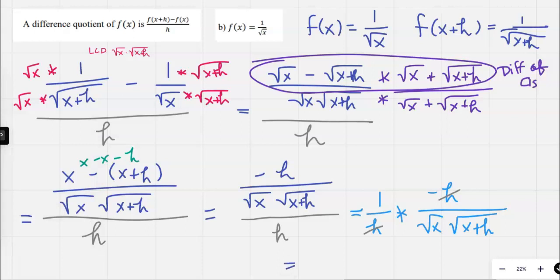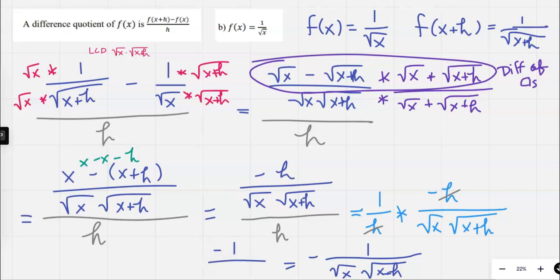And that is, we have negative 1 over square root of x times the square root of x plus h. Now, if you wanted to, you could go ahead and combine those two roots together, and you could say it is negative 1. I'll write it over here to the left because I've got that little thing off to the side there.